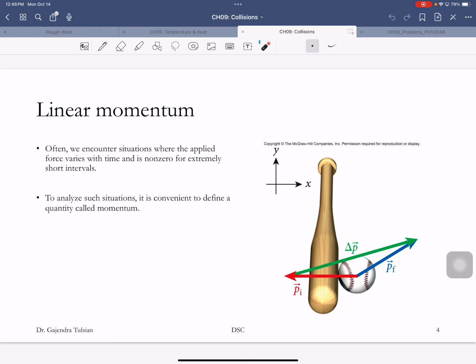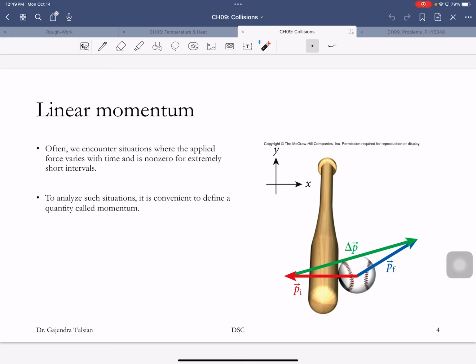So again, when the applied force varies with time, it's more convenient to deal with linear momentum. And we'll be dealing with forces that vary with time, and they're non-zero for extremely short intervals. Any sport you play, the forces you're applying are from 50 to 100 milliseconds. So to analyze such situations, you want to define linear momentum.